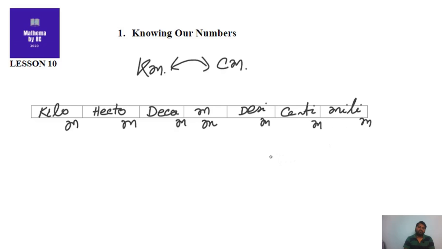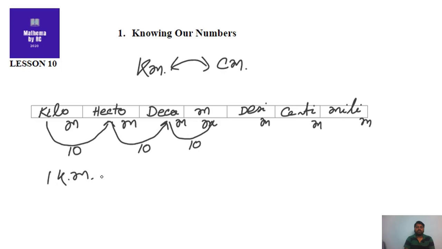So the relationship between these: when we step down from the first step to the second step, we multiply by 10, then multiply by 10, then multiply by 10. So 1 kilometer equals 1000 meter. Also meter to decimeter multiply by 10, decimeter to centimeter multiply by 10, centimeter to millimeter multiply by 10.